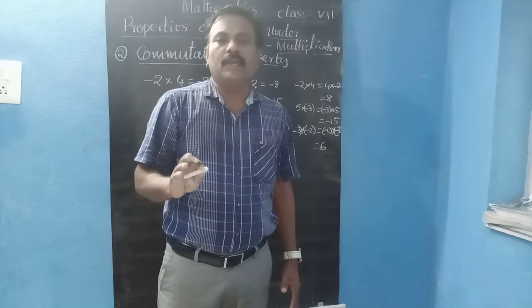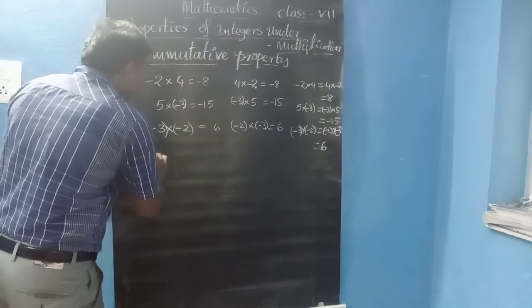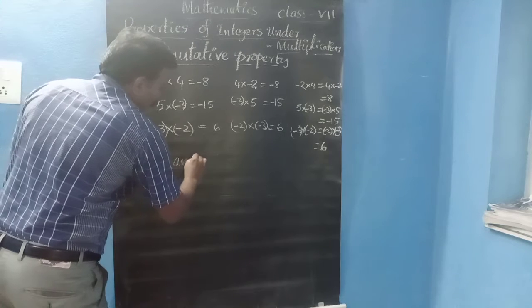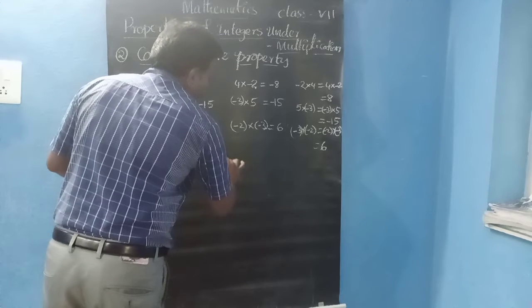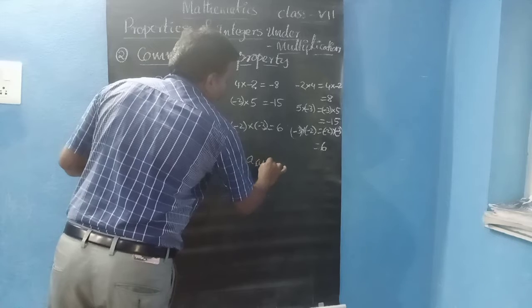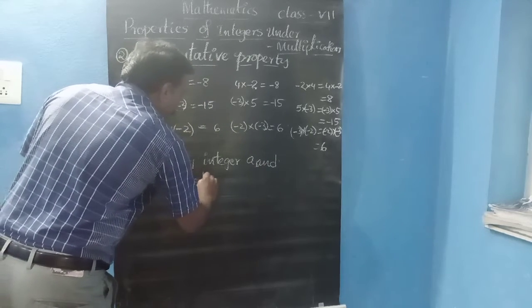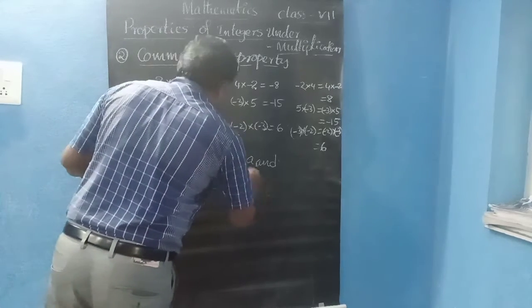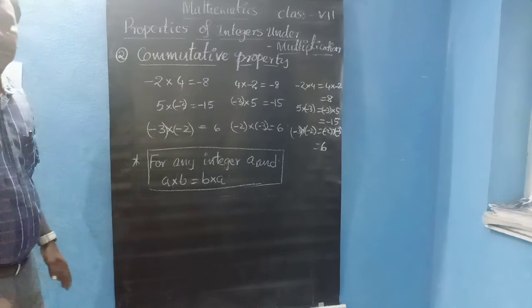This is called the commutative property. Okay, understand? Now we'll go to the next.